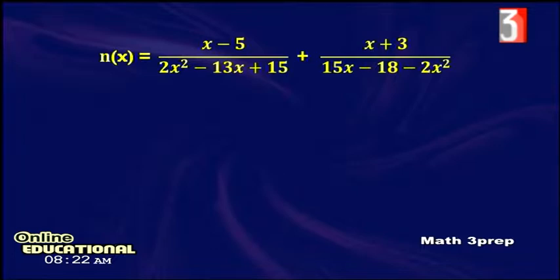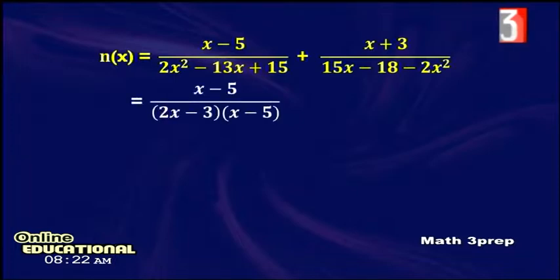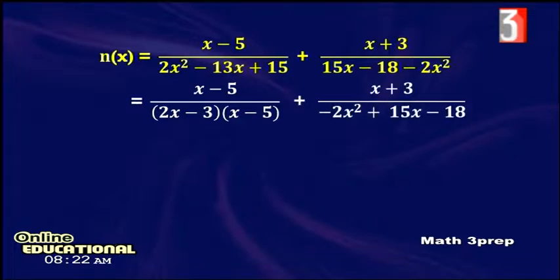At the very beginning, you are going to notice that the denominators can be factorized, and the other denominator can be factorized by taking negative as a common factor. So n of x equals (x minus 5) over (2x minus 3)(x minus 5), as it is the factorization of 2x squared minus 13x plus 15, plus (x plus 3) over, first of all, by ordering it, negative 2x squared plus 15x minus 18.